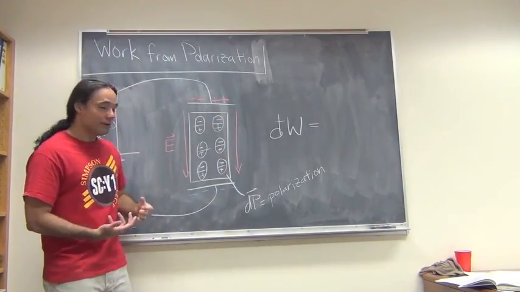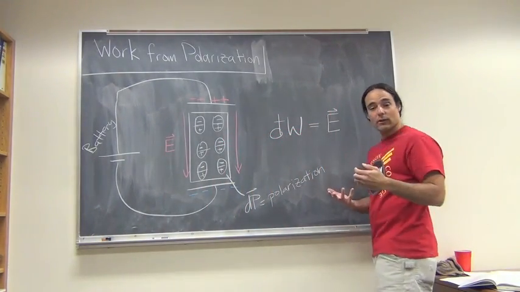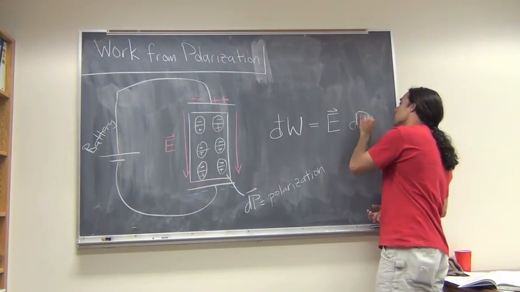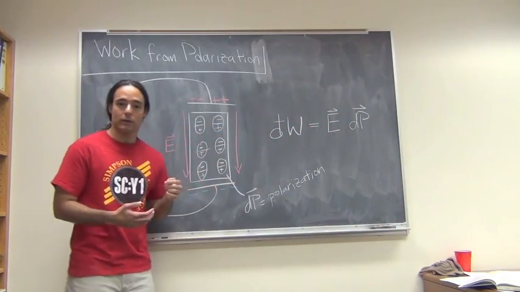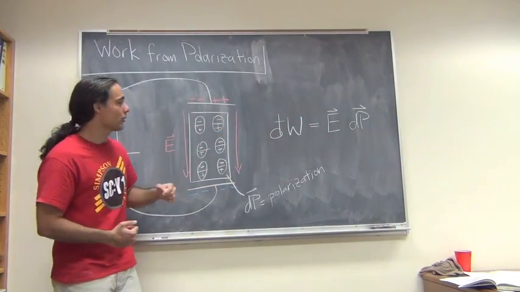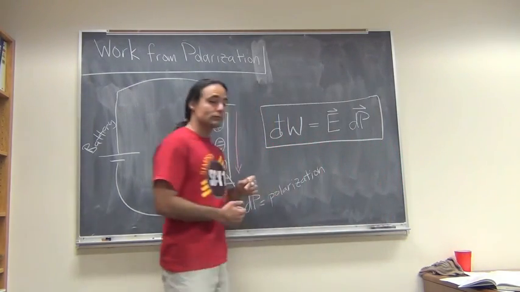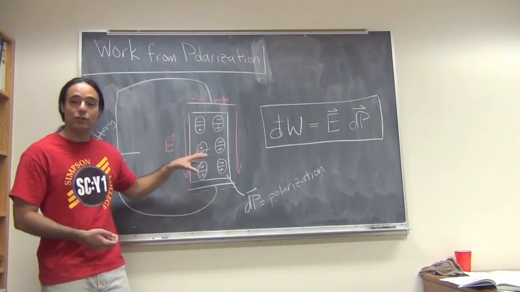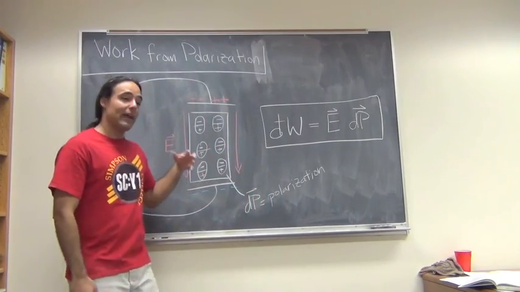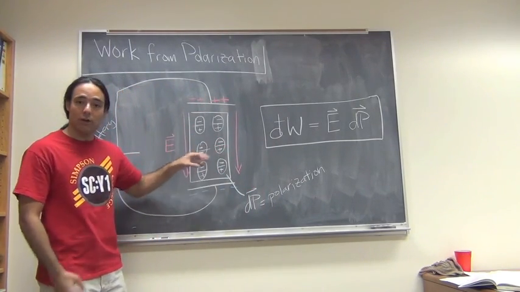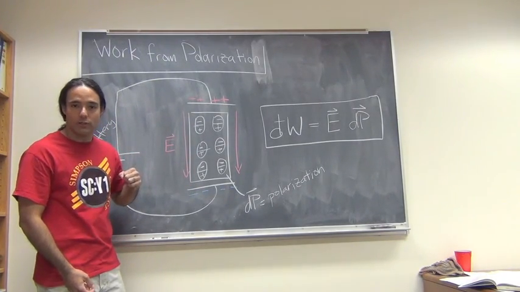So if I want to know the work done, all I'm going to do is take how big of an electric field I have applied times how far the molecules are stretched, or how polarized the molecules are becoming. And then this will just give me my work. Just like any other system, I'm taking energy from my battery, and I am doing work on my material by stretching those charges out, giving them electrical potential energy.